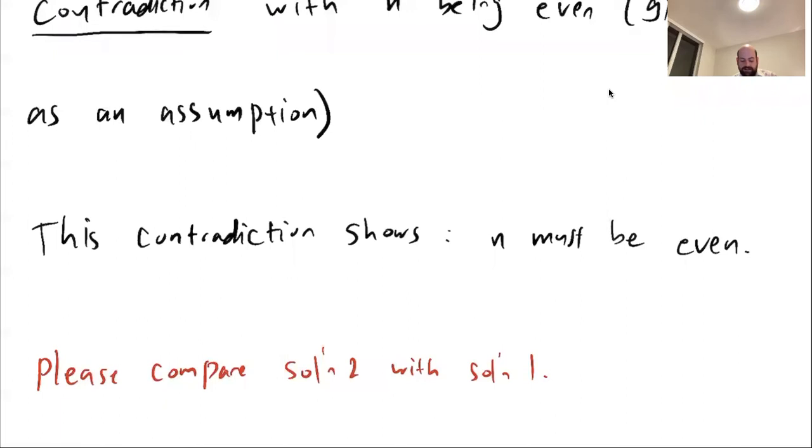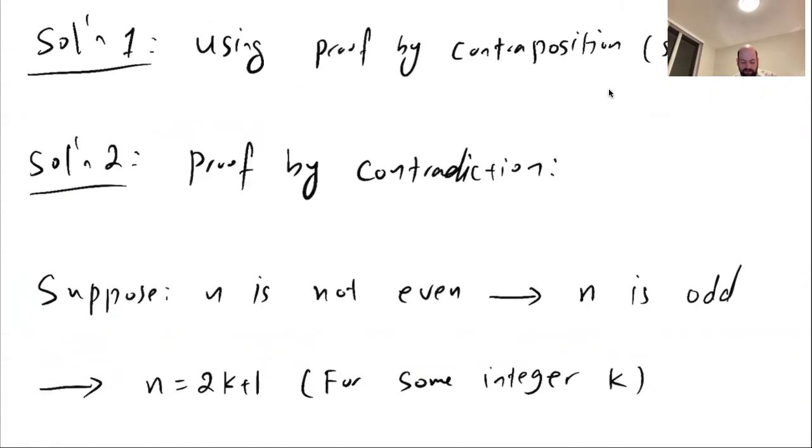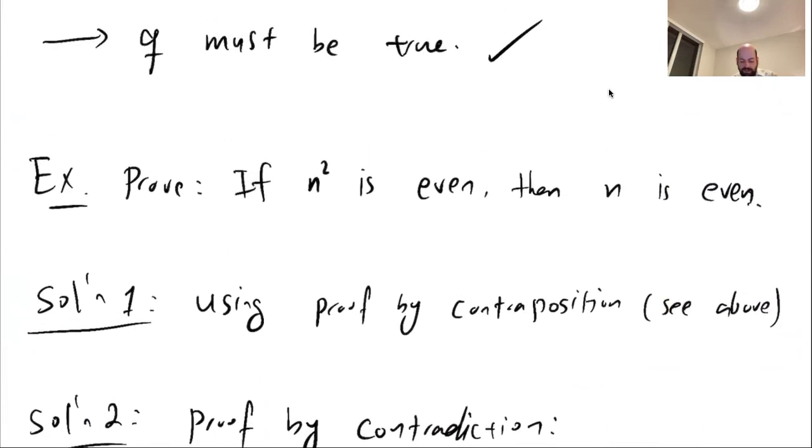So you will see that solution 1, I mean proof by contraposition, solution 2 proof by contradiction, you will see that both these two solutions are very similar. In both of them, we want to show that n is even. And in both of them, we start by saying that, okay, let's assume n is not even. We start by negation q, in other words.